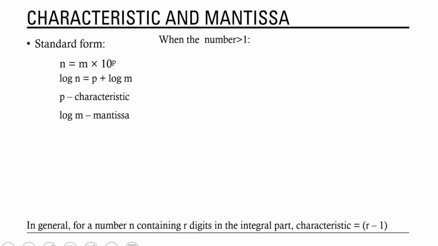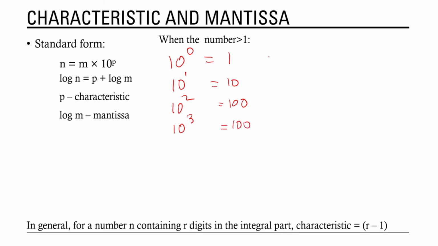Now, let us see the case when the given number is more than 1. We have a few results. We know that 10 raised to 0 is equal to 1, 10 raised to 1 is equal to 10, 10 raised to 2 is equal to 100, and 10 raised to 3 is equal to 1000.